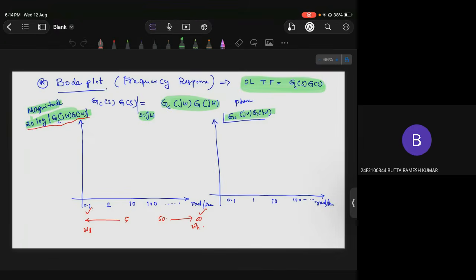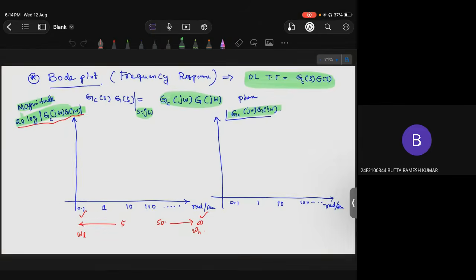Okay, so here, assume that I'll be going with the basics again. The Bode plot: we draw the Bode plot for the open loop transfer function. Open loop, in the sense that we have a controller and we have a plant.